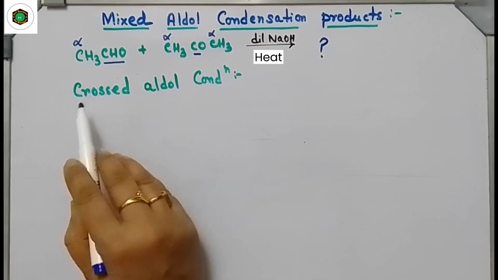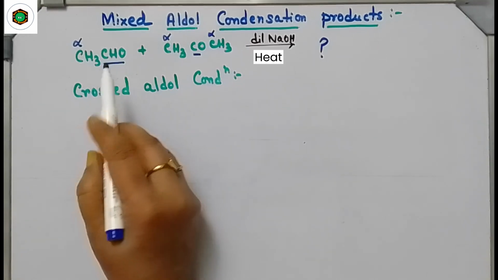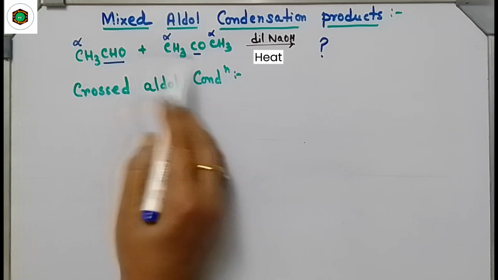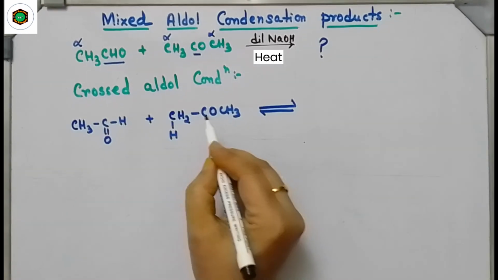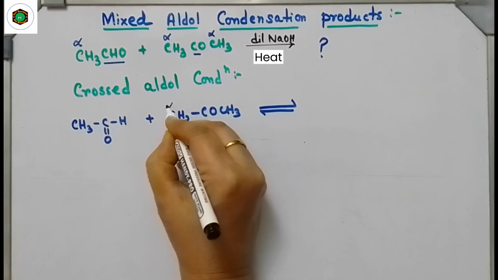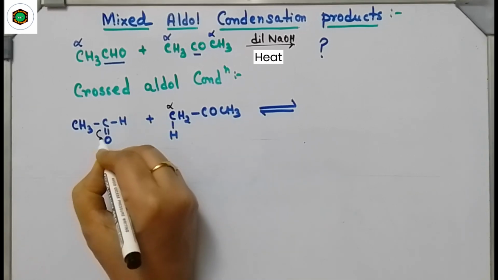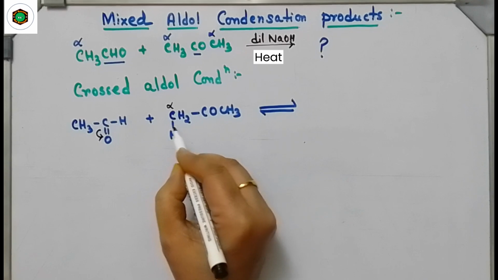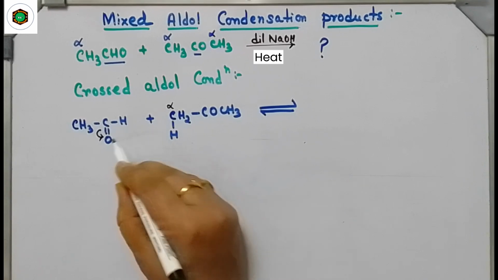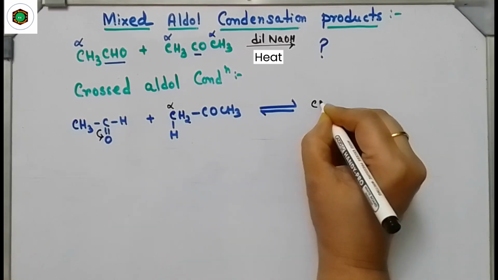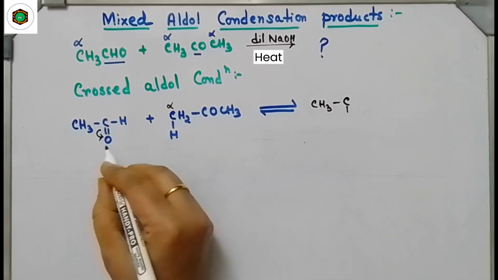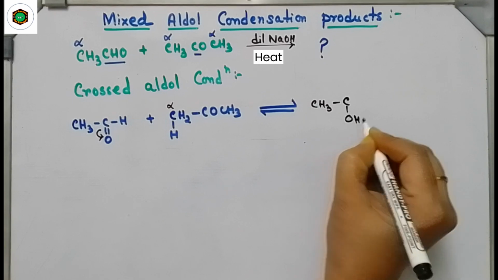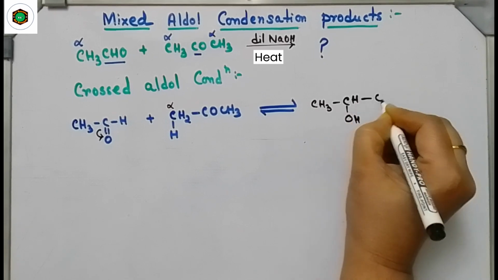Now we will see crossed aldol condensation product, aldol condensation between two different molecules of carbonyl compounds. Now with respect to this carbonyl group, this carbon is alpha, so you break this bond and transfer this alpha hydrogen from here to here. We will get CH3, CH, OH, CH.